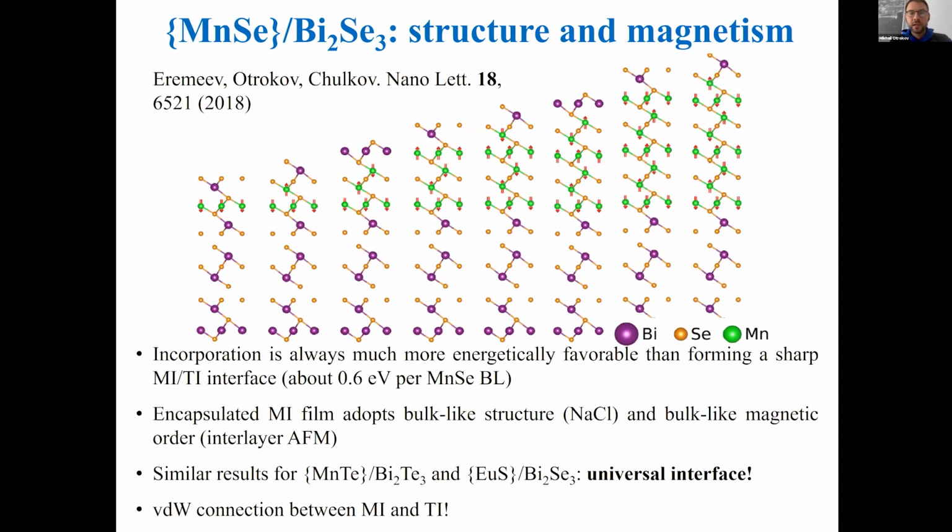The same happens with the other two interfaces, meaning that, first, this situation is universal, at least for the binary magnetic insulators. And second, this is not a magnetic extension. Why not?